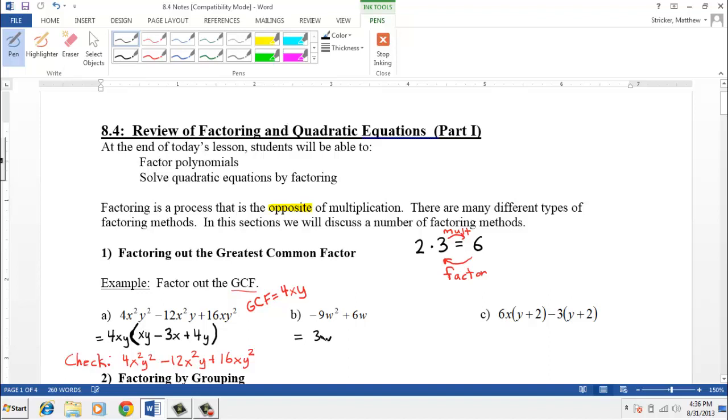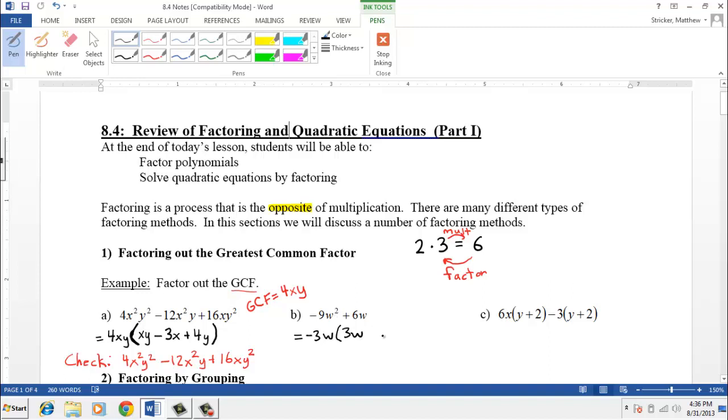A lot of times we don't like to see negatives in the first term, or we don't have to do this, but if we wanted, we could pull out a negative as well, since the first term is negative. Let's see what would happen if we did that. If our GCF is negative 3w, then I would have to multiply 3 times 3 and w times w to get w squared.